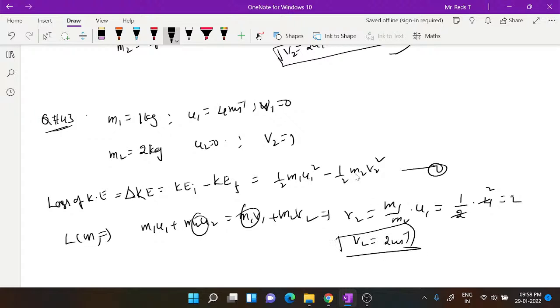Once you know this, substitute it here and you'll obtain the final value. Simplifying this, we get delta K equal to 4 joule. That's it, guys.